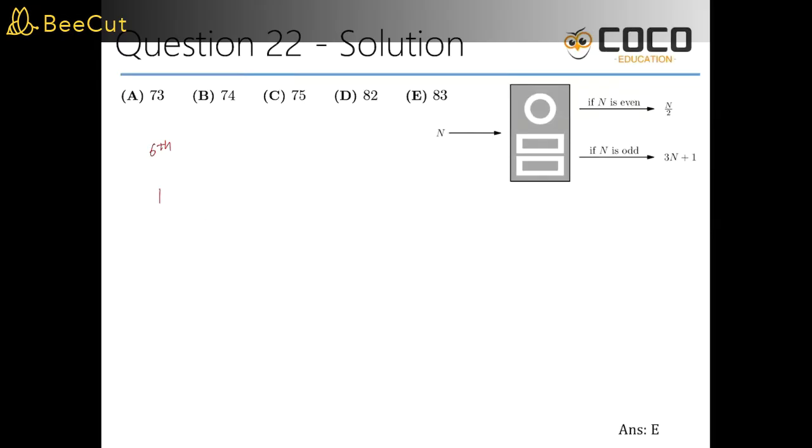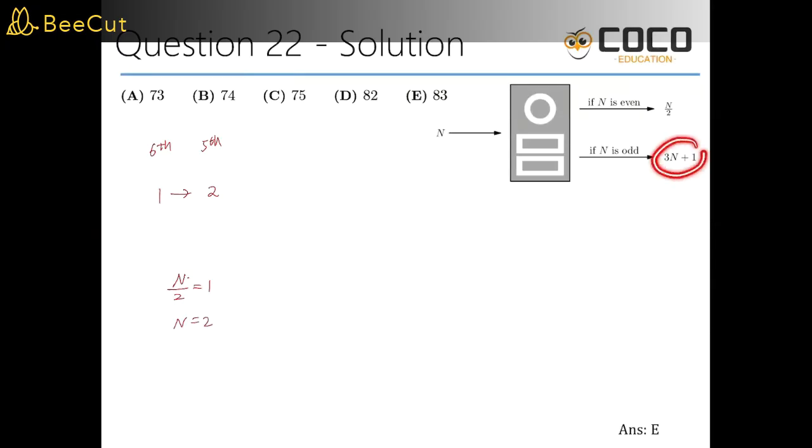Now let's check what's the number at the fifth step. If the output is here, n over 2 equal to 1, then n will equal to 2. 2 over 2 equal to 1.